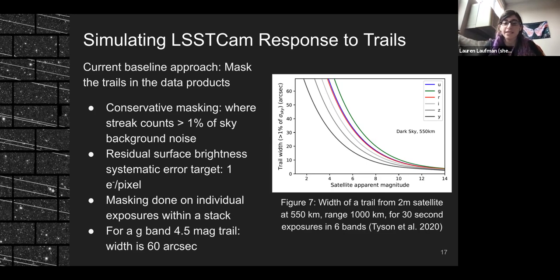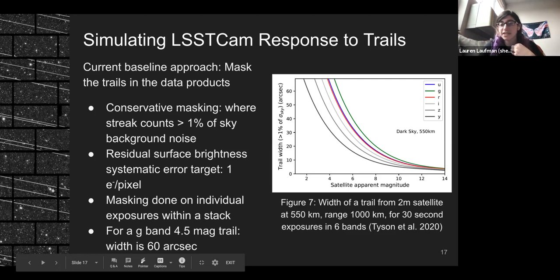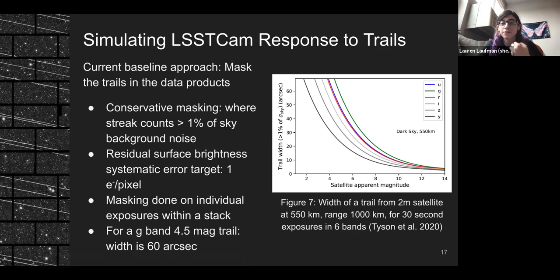So right here on this plot on the right, if you take, for example, the satellite apparent magnitude of 7, which is our darkening goal, and you walk it up for the green band, that means you'd have to mask out to 30 arc seconds, which is a lot, relatively speaking. And this is for the 550 kilometers. If you start at 10th magnitude, each of these you just have to keep masking out more trail, in other words.